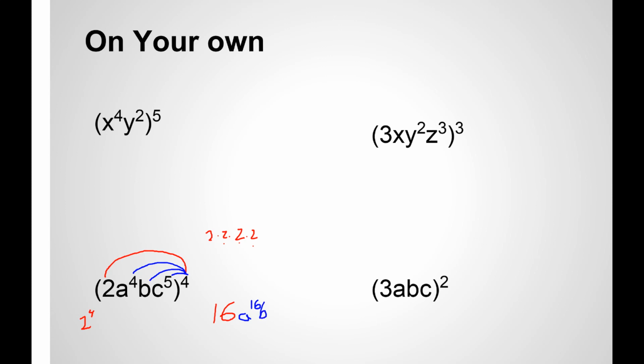If there is no exponent, the exponent is 1. Everything is to the first power unless otherwise noted. So this is b to the 1 times 4 is 4. And then last one, we have the letter c, and we multiply 5 times 4, and that'll give us 20 as our exponent. So 16 times a to the 16th, b to the 4th, and c to the 20th.